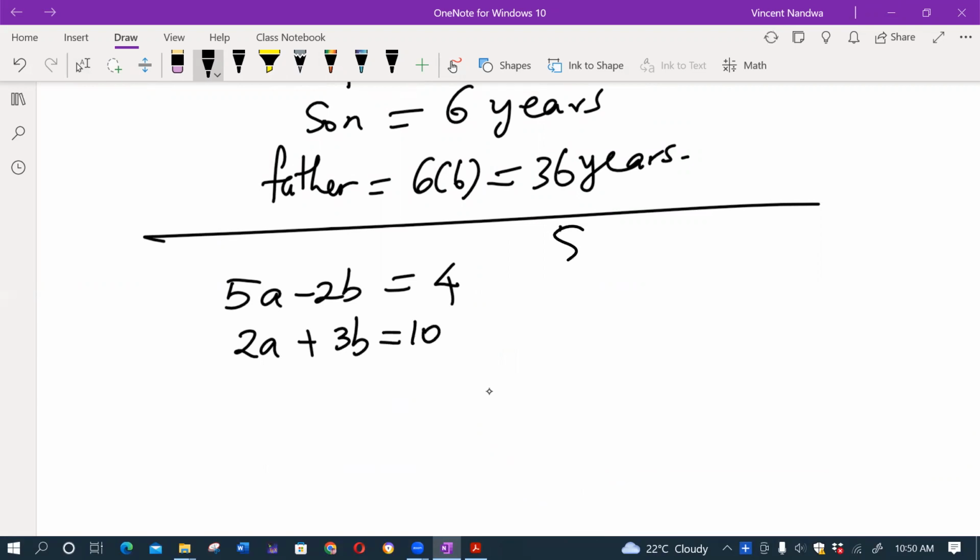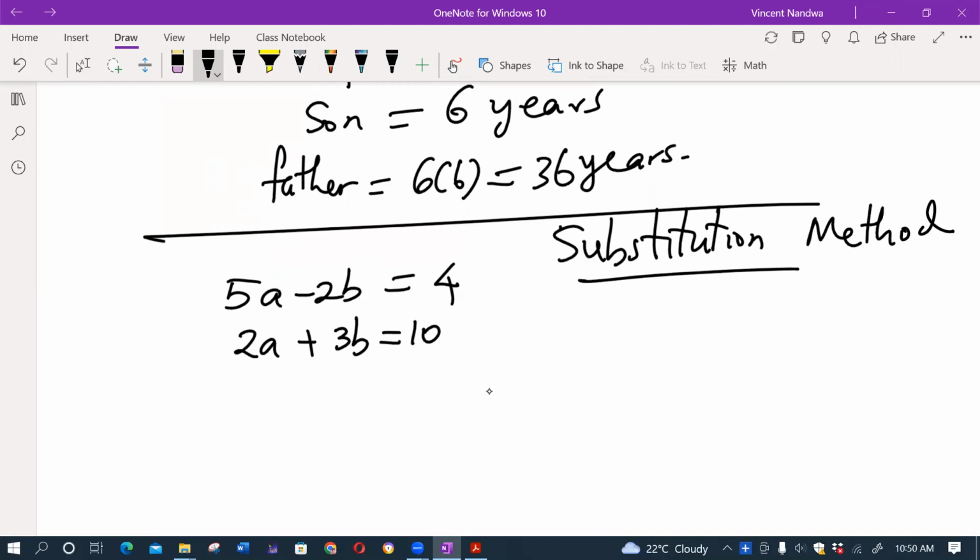So we have to use, the question is specific, substitution. So when the question is specific, you follow the instructions. So to substitute means you use one of the equations to express one unknown in terms of the other, and then use that expression to replace that variable in the other equation.